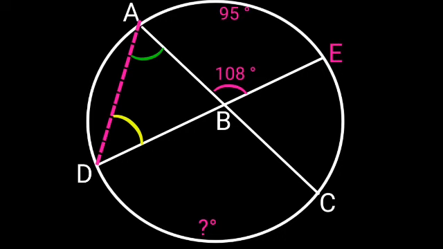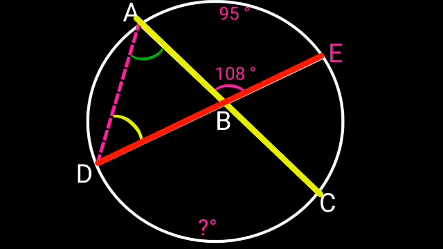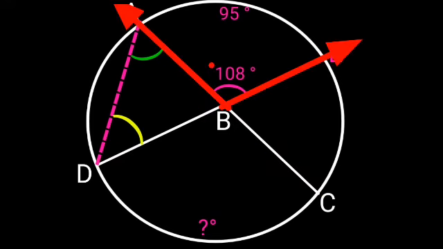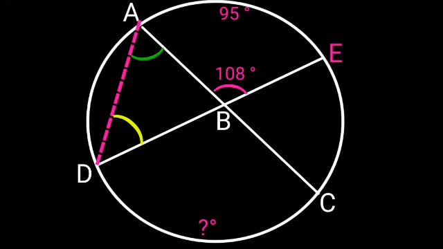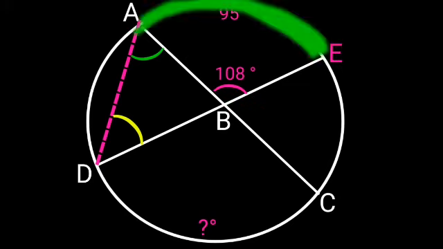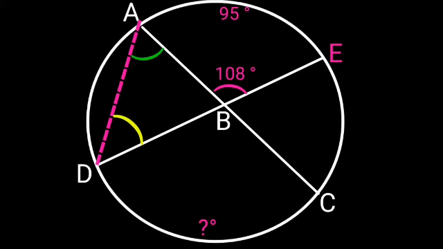Given the figure, chords AC and DE intersect at point B, and we have been given angle ABE is equal to 108 degrees and the measure of arc AE is 95 degrees. We have to find the measure of arc DC.